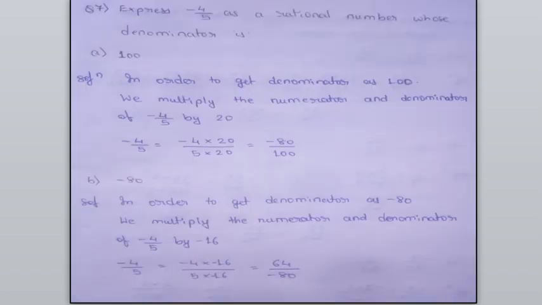Then question number 7. In question number 7 it is given: express minus 4 by 5 as a rational number whose denominator is 100. So here in the question one rational number is given, and we have to convert it into a rational number only, but with the denominator 100.